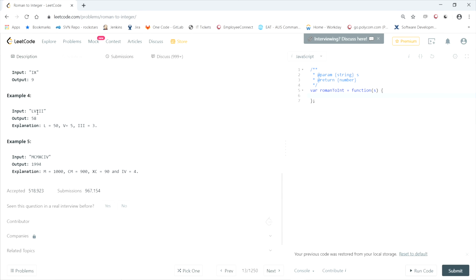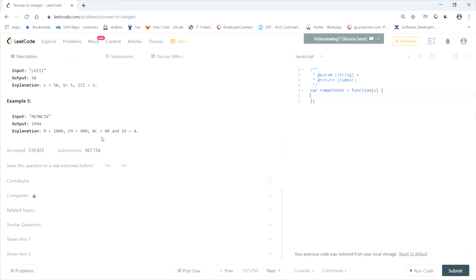Example 4, LVII is 58 because we just add all those together: 50 plus 5 plus 1 plus 1 plus 1. And finally, MCMXCIV is 1994 because we have 1000 plus 900 plus 90 plus 4.